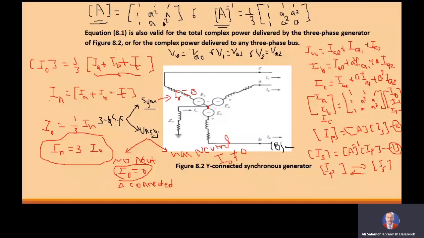In the two cases, the zero sequence current is zero. Otherwise, I naught has a value.